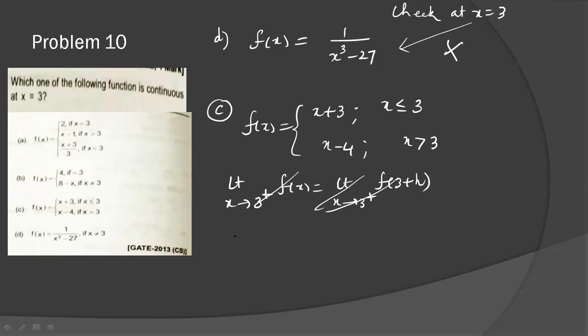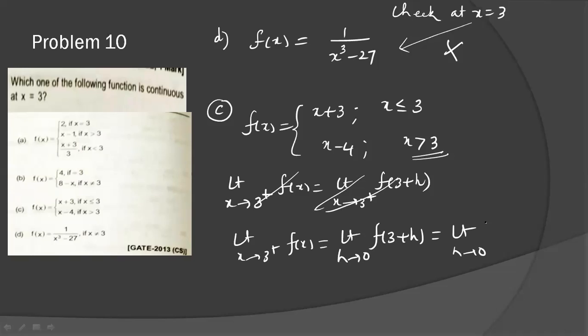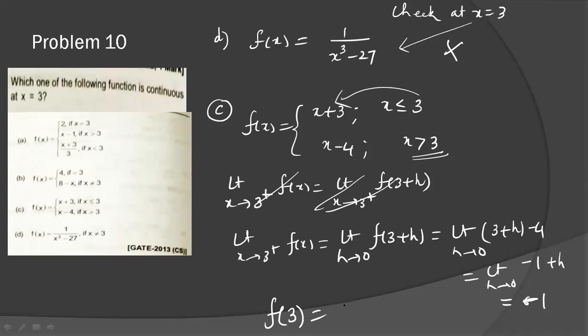Since 3 plus h means x is greater than 3, the function will be x minus 4, that is 3 plus h minus 4. It will be limit h tending to 0 of minus 1 plus h, which goes to minus 1. And what is the value at x equal to 3? If you put x equal to 3, you will get 3 plus 3, because the equality sign is here only, so it is 6. So the limit is not equal to the function value, so it is not continuous. C part is also not continuous.